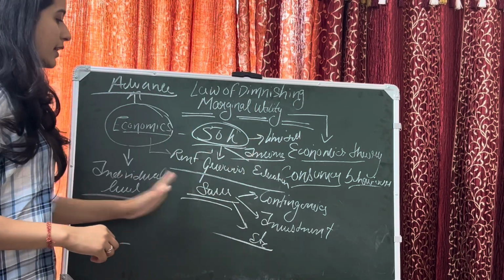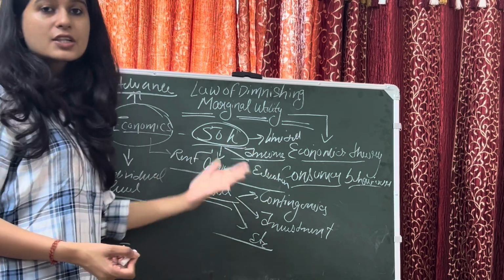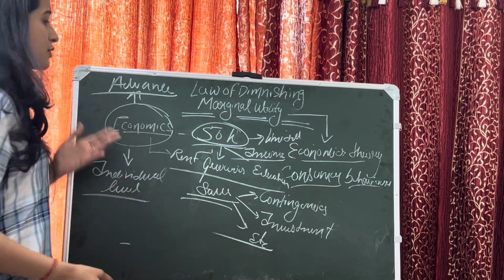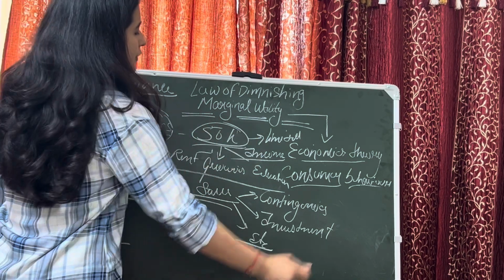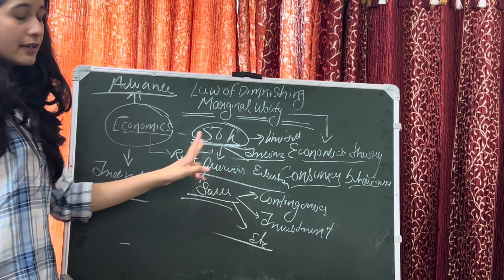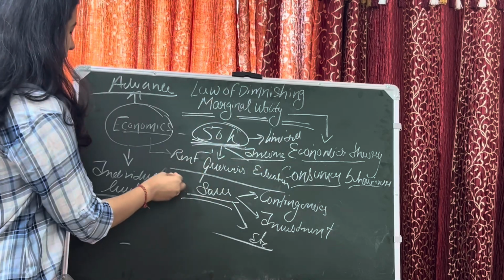So to run the household, the person is managing his children's fees, the groceries, and the rent of the house. He is managing everything out of his income, that is rupees 50,000, which is limited. So we are understanding all of these things at the individual level.